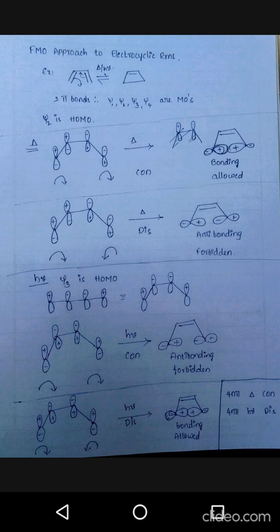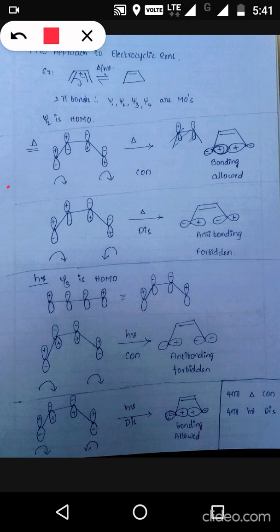These 4 unhybridized p orbitals will undergo linear combination to form 4 molecular orbitals psi1, psi2, psi3 and psi4. In each molecular orbital, 4 p orbitals will be there. And we know that for 1,3-butadiene, psi2 is HOMO in ground state. So take psi2 of butadiene, it is shown here.